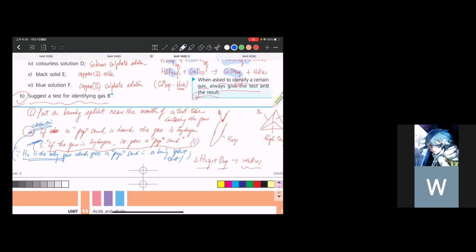So you are going to think it in reverse. If the pop sound is heard, the gas must be hydrogen. Can you get my point? Of course, this statement conceptually is correct. But if you write it down as a deduction, we will not write it this way.